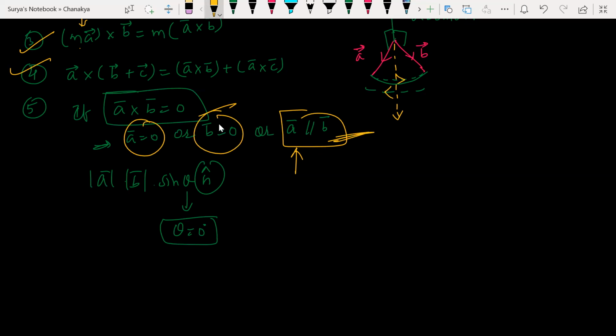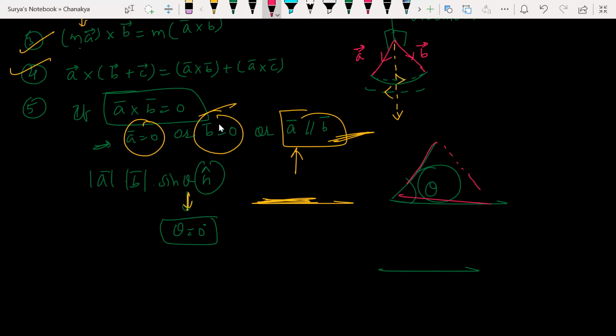And how else can it happen? Both parallel. When can they be parallel? If theta is 0. Look, for suppose I have this and this here, I'll be having some angle here. If theta is 0, what happens? These two become parallel, this line falls down on this line, like this. Hello, people are able to understand?